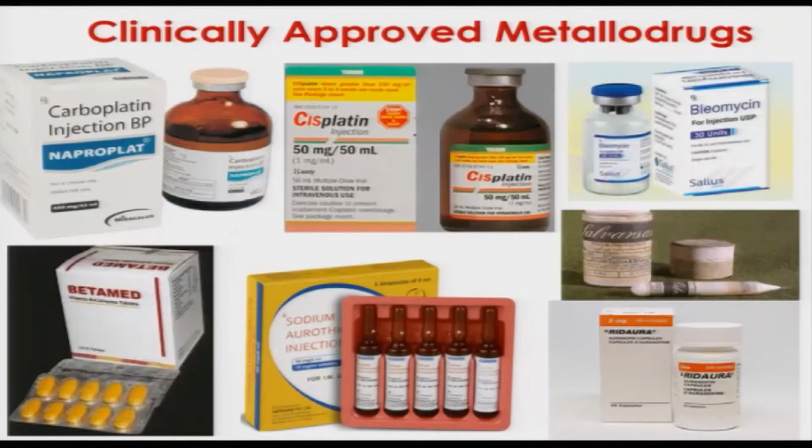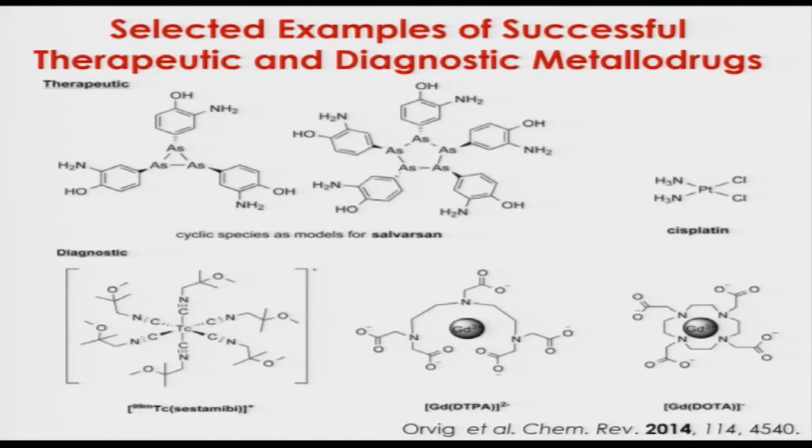Some of these clinically approved metallo drugs are shown over here. Here I am showing some examples of successful therapeutic and diagnostic metallo drugs. You can see that in salvarsan, the metal arsenic is utilized.